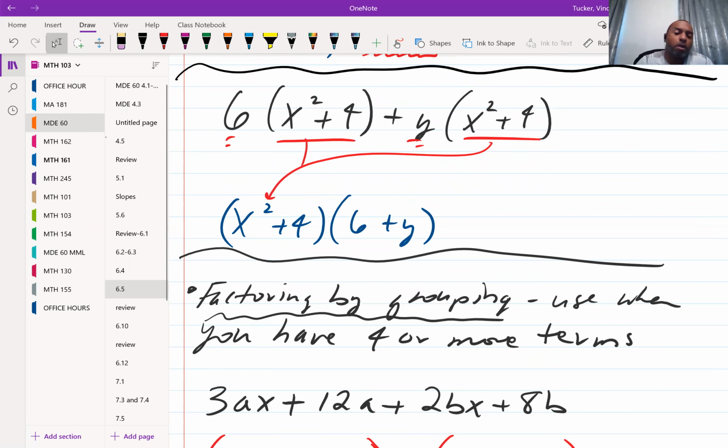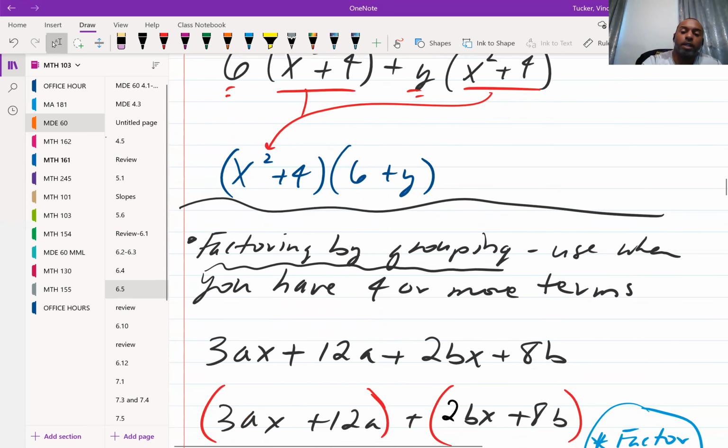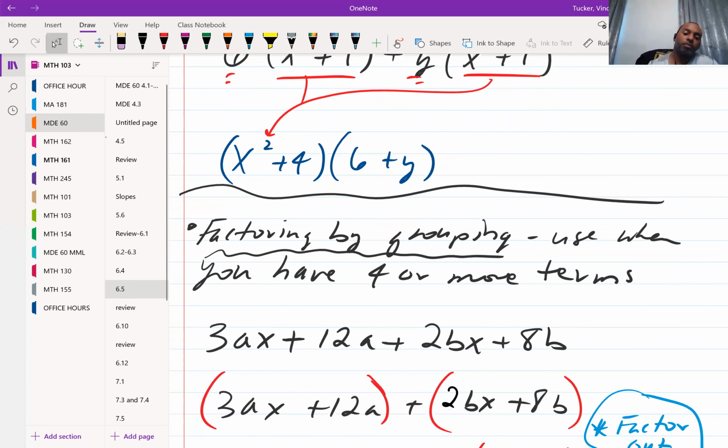So first one here, 3ax plus 12a plus 2bx plus 8b. We want to group together the first two and group together the second two. So it's called factoring by grouping. We're going to group together our terms, then find the GCF of each and go from there.